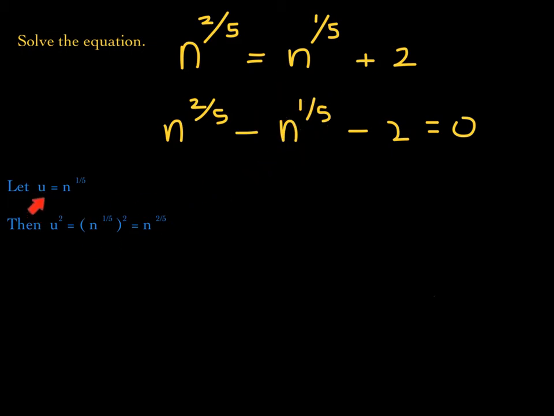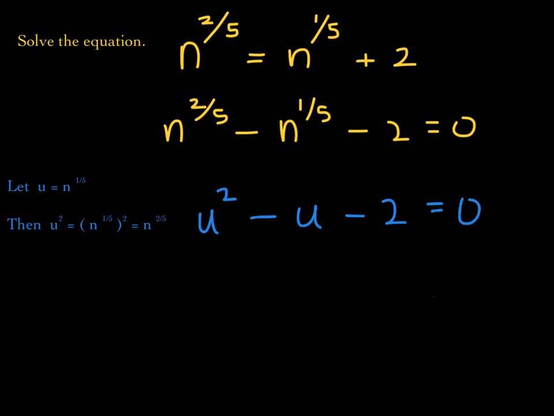And then I square my variable u. But if I'm squaring u, that means I'm squaring n to the 1/5, which becomes n to the 2/5. So where I see n to the 2/5 in my equation, I'll replace it with u squared. And where I see n to the 1/5, I'll replace it with u.